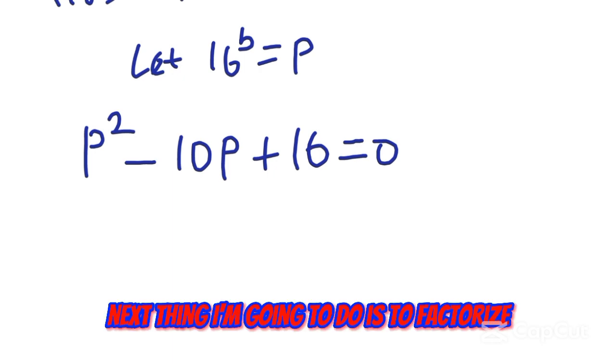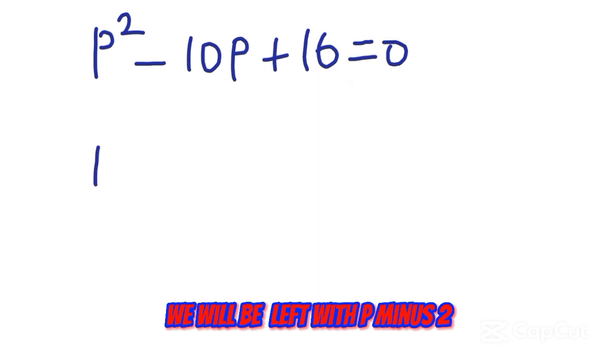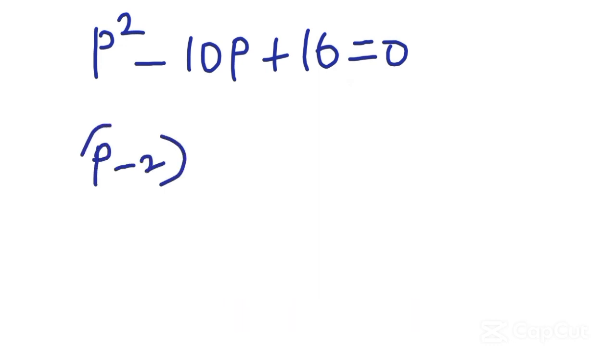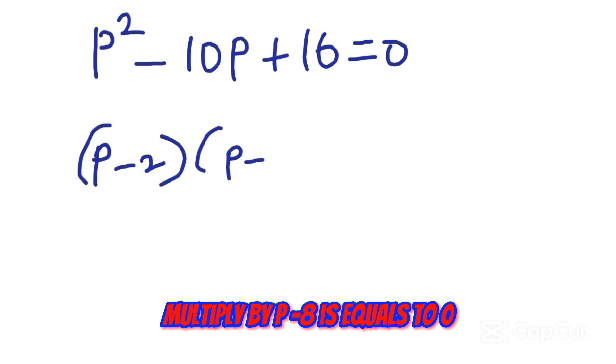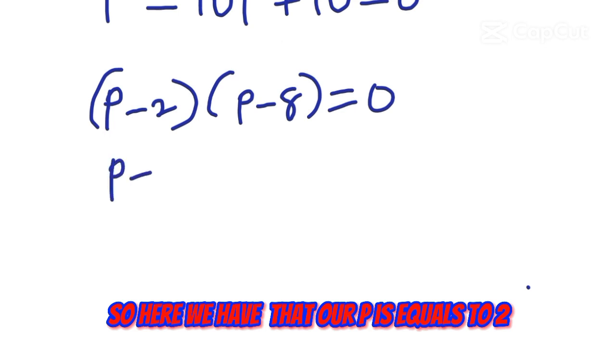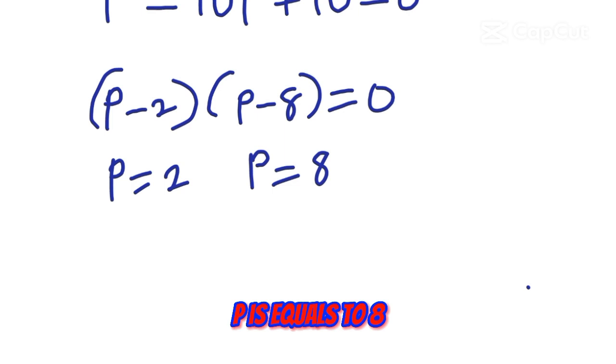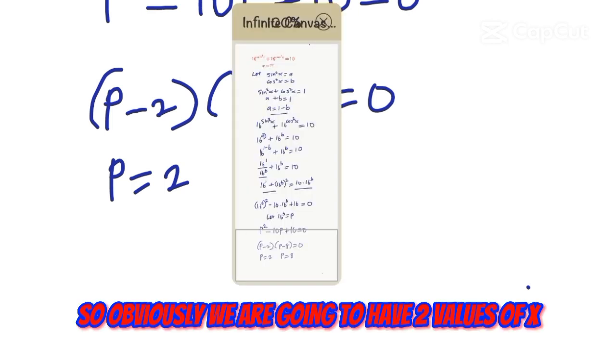The next thing we're going to do is to factorize. So factorizing, we'll be left with p minus 2 multiplied by p minus 8 is equal to 0. So here we have that our p is equal to 2, and here we have that our p is equal to 8. So obviously we are going to have two values of x.